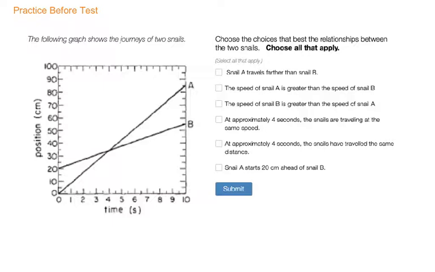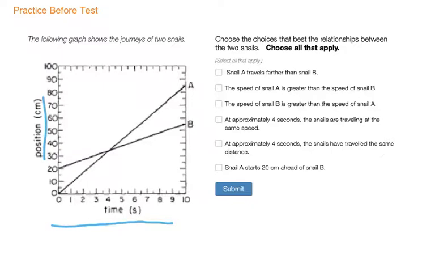The very first thing I want you to pay attention to and note is that we have time being measured in seconds on the bottom, and we have the position of the snail in centimeters.